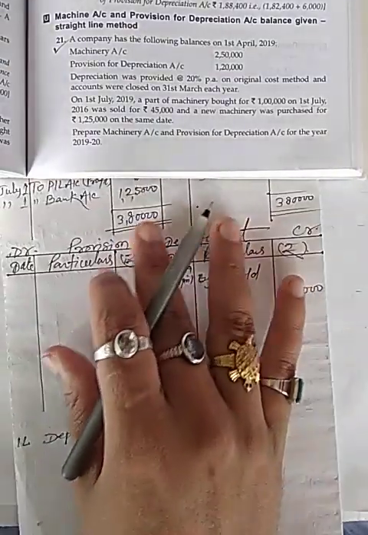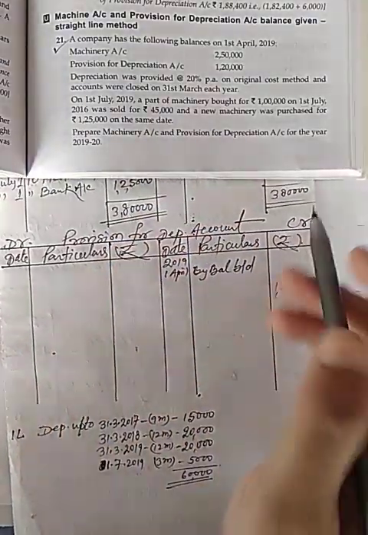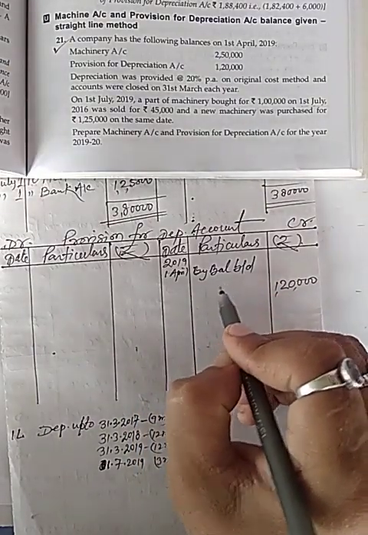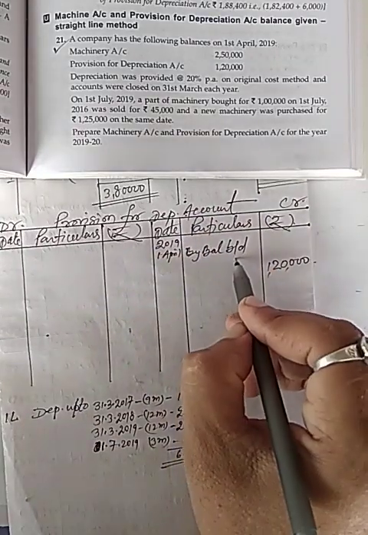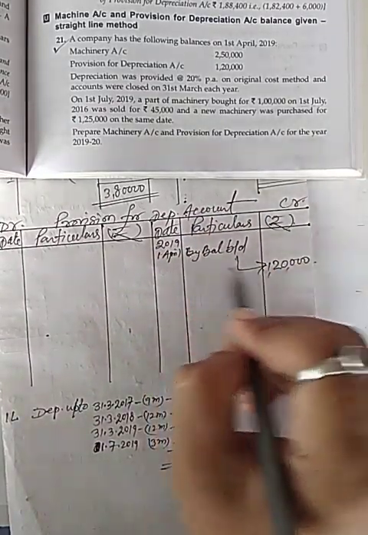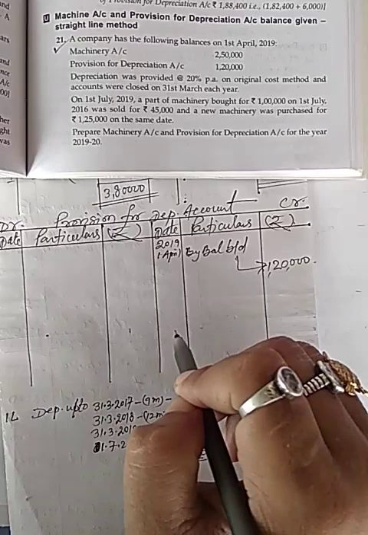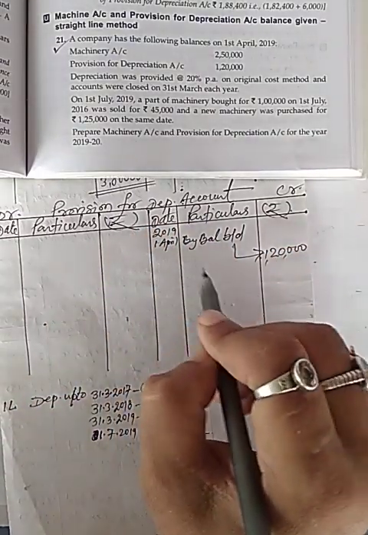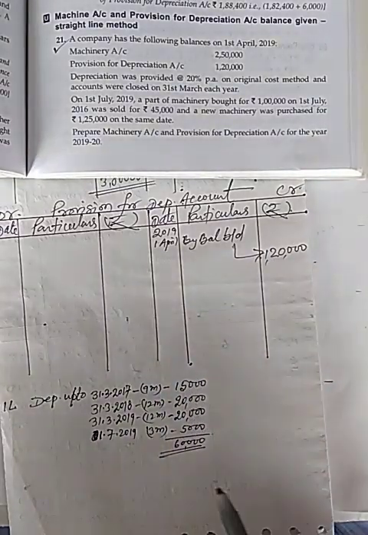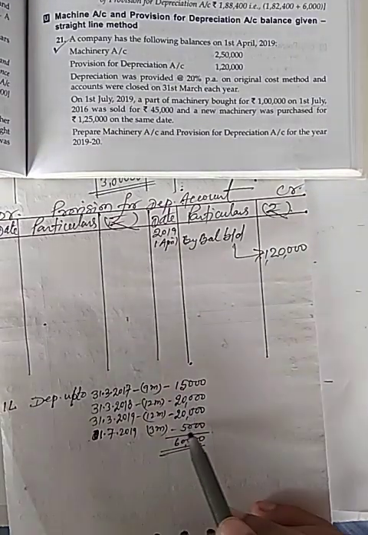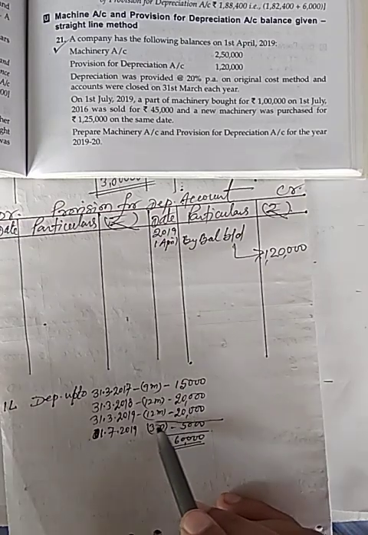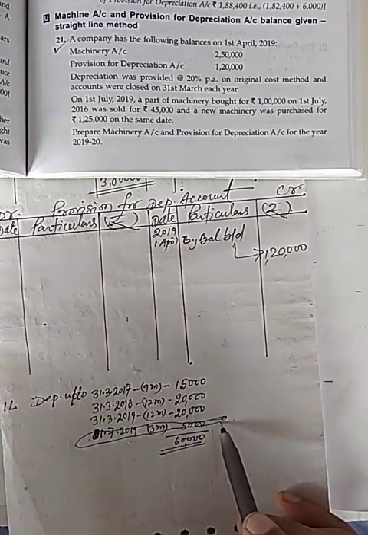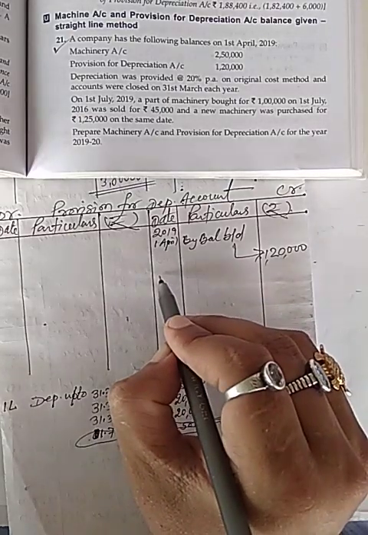And in provision for depreciation account, we will write 1,20,000 given in the question, and when we sold the machine on July, in this year we will take a depreciation of 5,000.